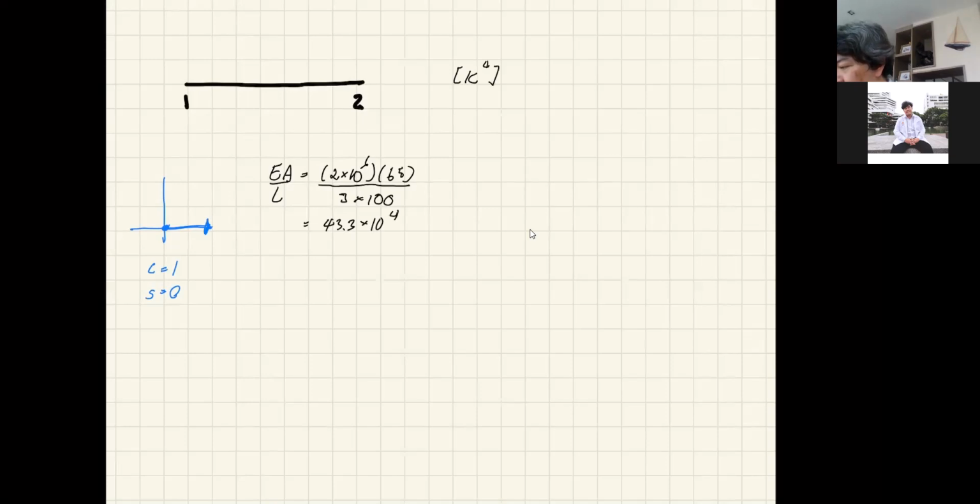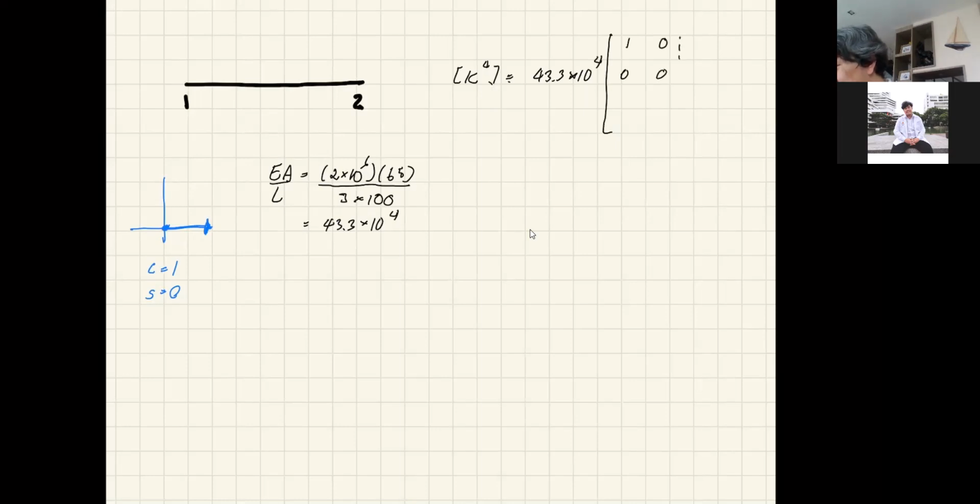K4 and also 5. Now let's write 5 later. Okay. So for 4, we have 43.3 multiplied by 10,000, and this time cosine is 1, so cosine square is 1, the rest is 0.